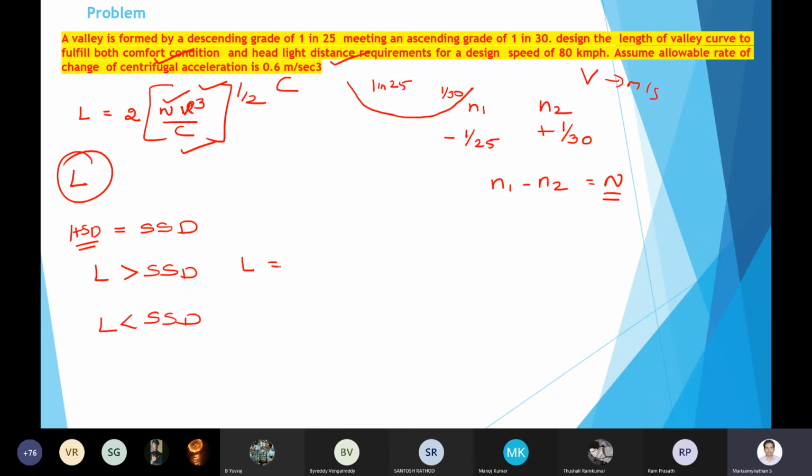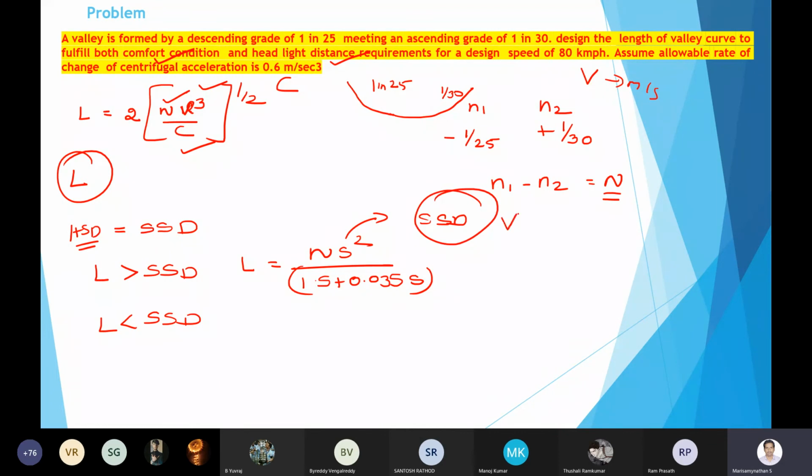So we have the equation L is equal to N squared divided by 1.5 plus 0.035 into S. S is nothing but the stopping sight distance. SSD is not given in the problem, but you know the equation for the SSD using the design speed, the coefficient of friction, and the reaction time. You will estimate the SSD value, and you apply that N and S value, you come to know what will be the length of the transition curve.